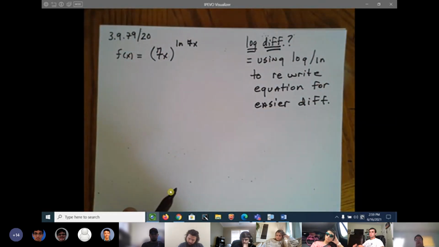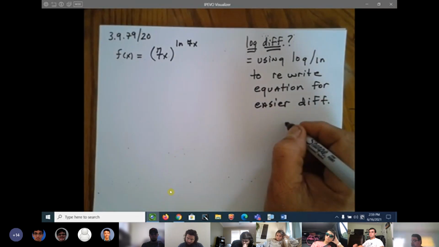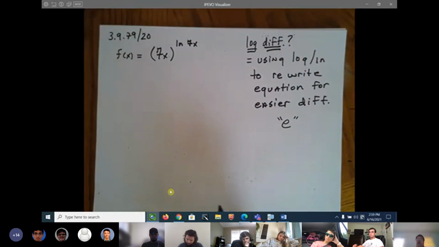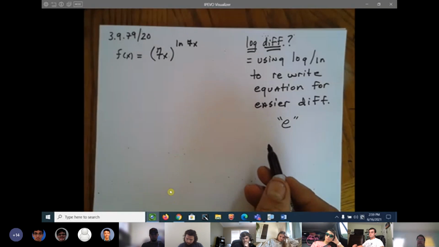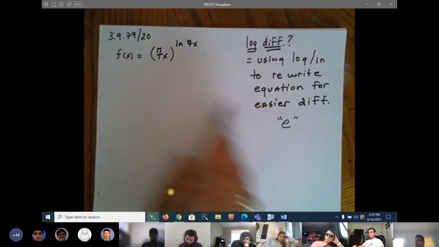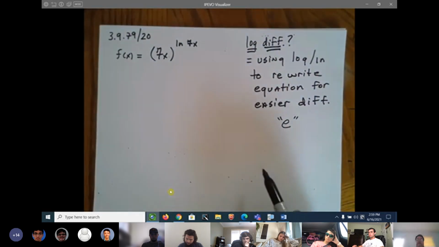It's like I told y'all before, when you get to diff EQ, you're going to use the natural log a good bit, because a lot of your problems in diff EQ contain what? E. So natural log cancels out E because it's log base E. So you're going to be doing something like this a good bit in diff EQ.